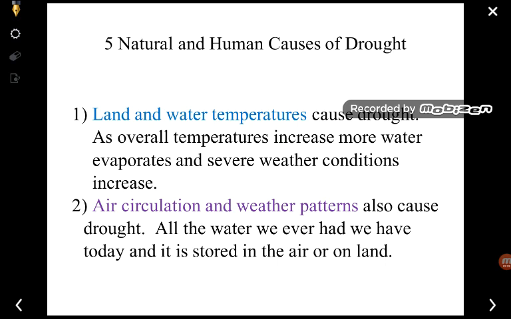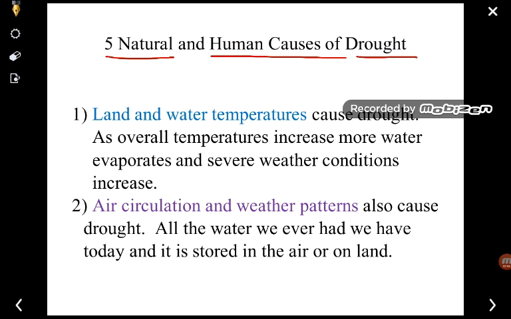So what are the different causes of the drought? There are 5 natural and human causes of the drought. So you can say that somewhere human beings are responsible for a condition or disaster like drought. One of the causes is land and water temperature.